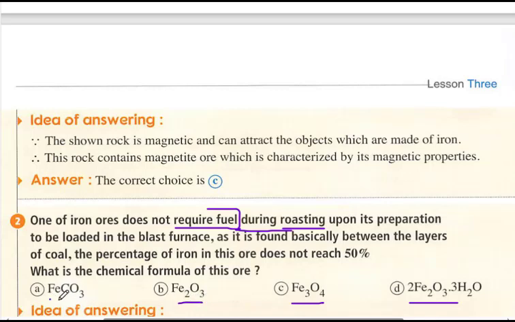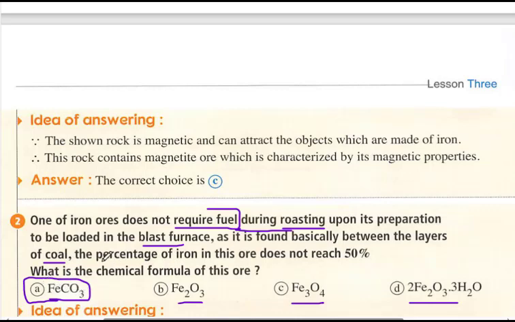The only one that contains carbon in its structure is ferrous carbonate or siderite. Okay, let's complete the question. Upon its preparation to be loaded into the blast furnace, we will explain afterward, as it is found basically between the layers of coal. Layers of coal means there is carbon in its composition; it is siderite.